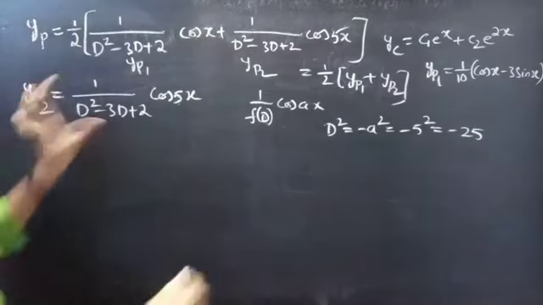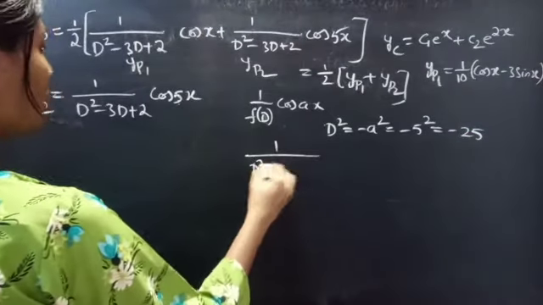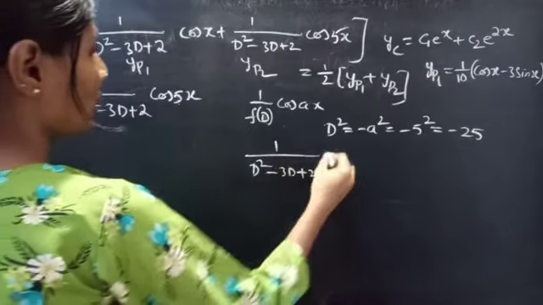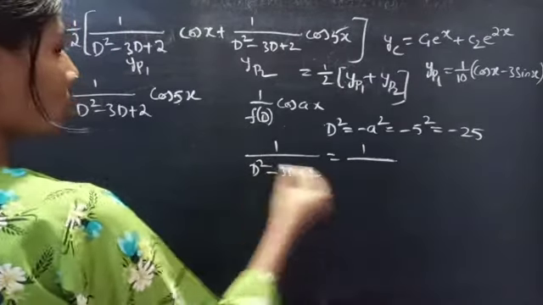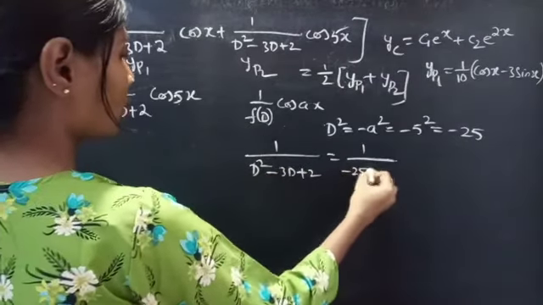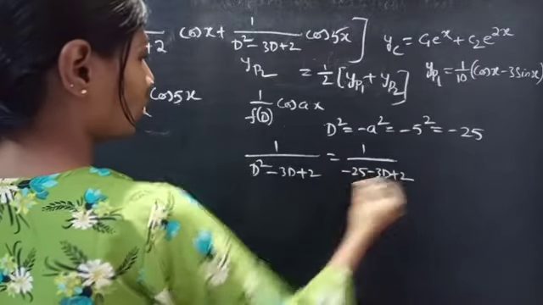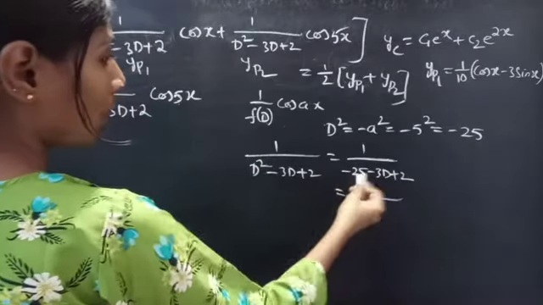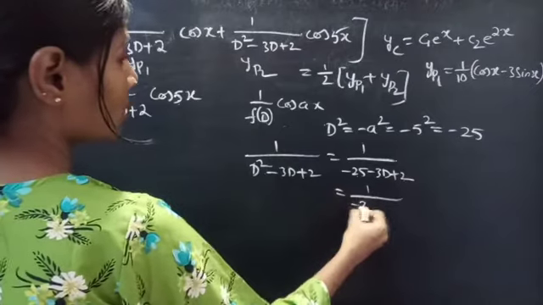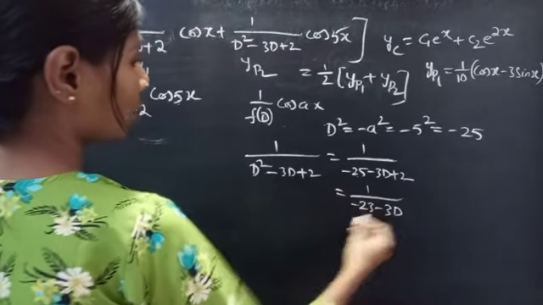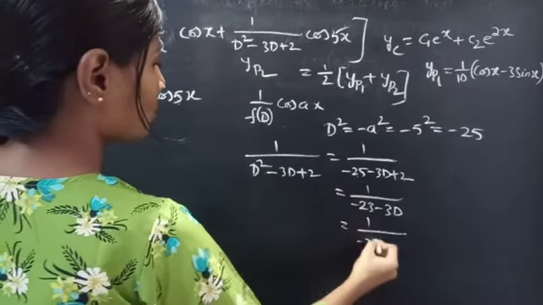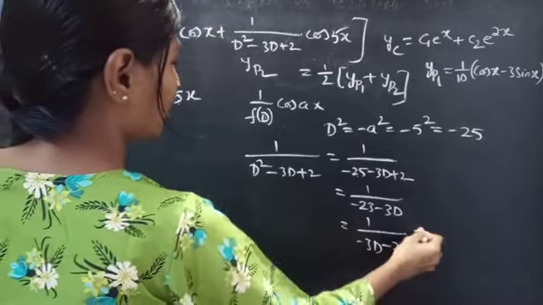So consider 1 by d square minus 3d plus 2 and replace d square by minus 25. We'll get 1 by minus 25 plus 2 is minus 23 minus 3d, right? You can just write this as minus 3d minus 23 otherwise.